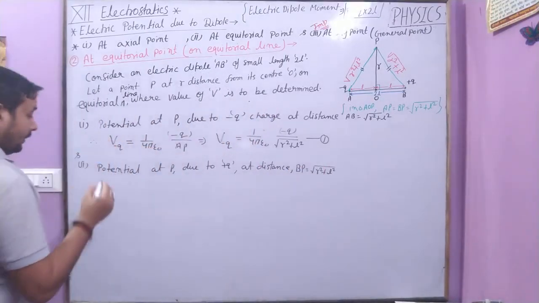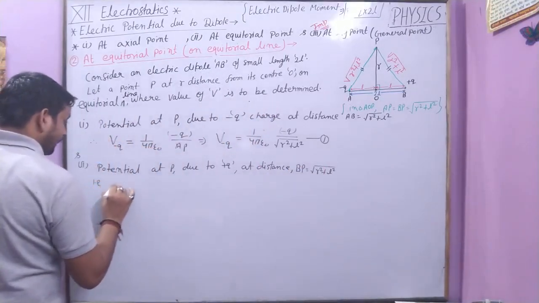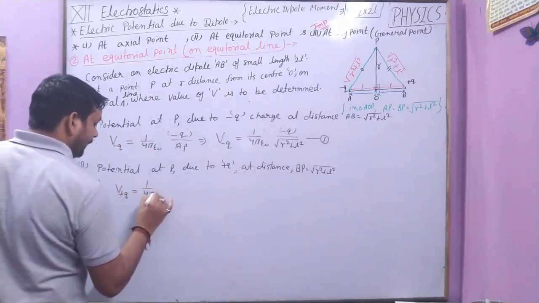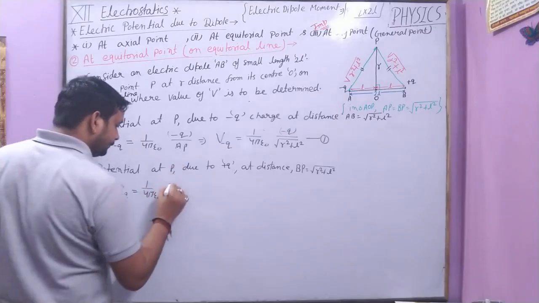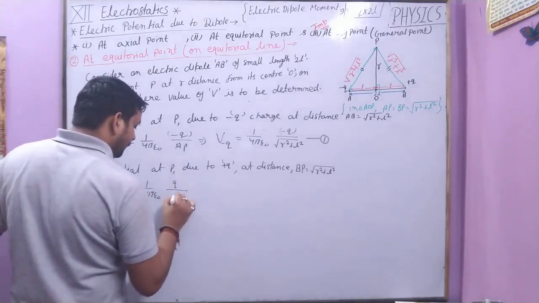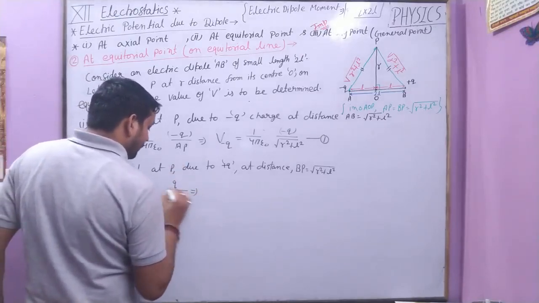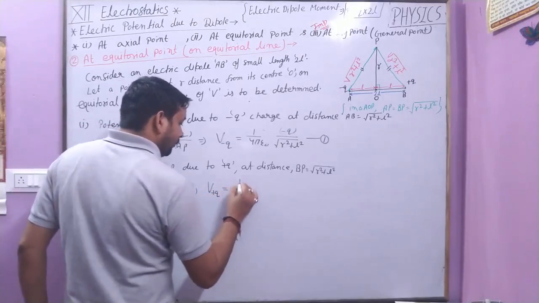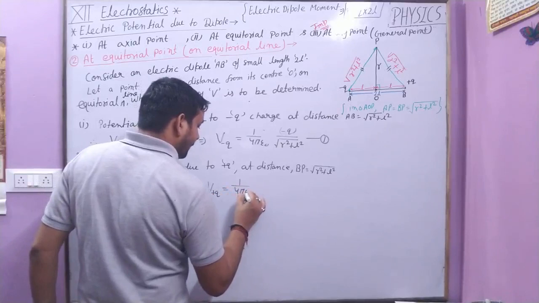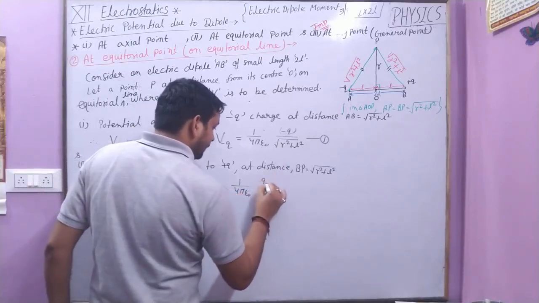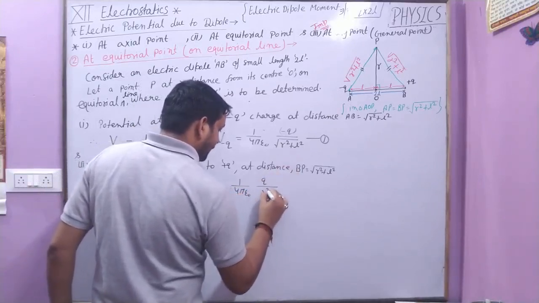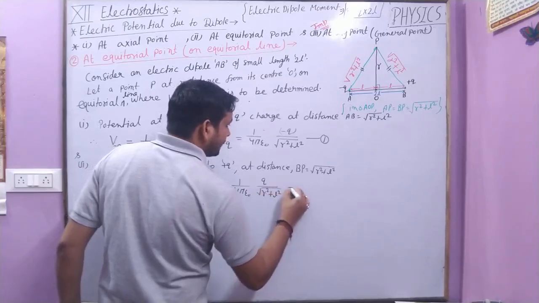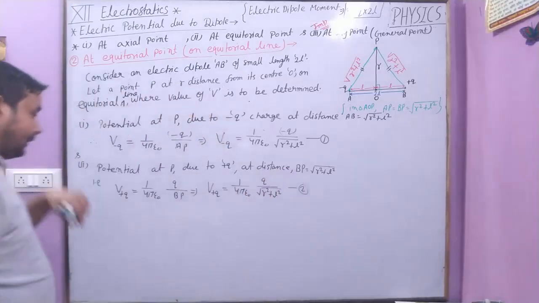That is, V due to plus Q charge is 1 upon 4 pi epsilon naught times Q upon BP, that is 1 upon 4 pi epsilon naught times Q upon under root r square plus L square. This is equation second.